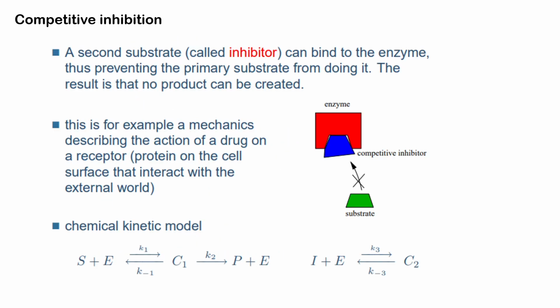Okay. So basically your set of reactions would look something like this. I can interact with the enzyme and give you a complex, or your S can interact with the enzyme and give you a complex. This is the Michaelis-Menten equation that we just saw.